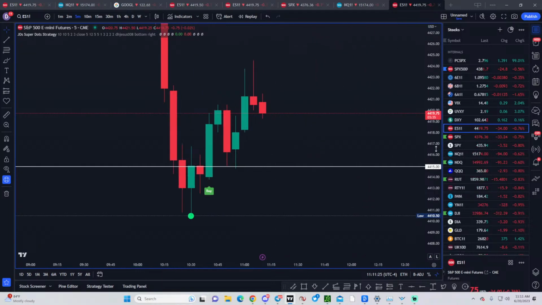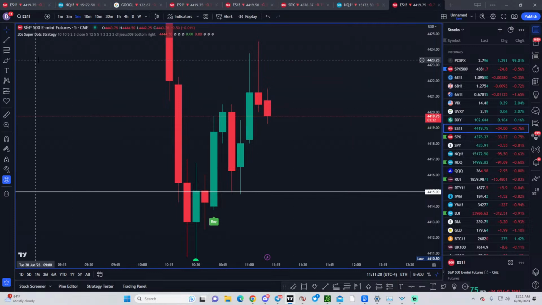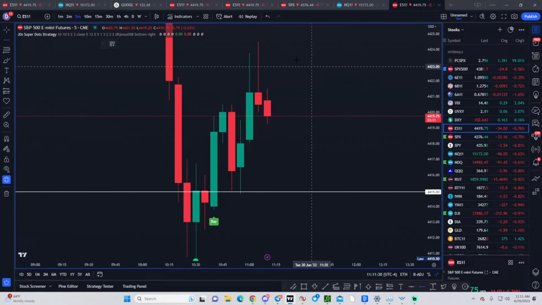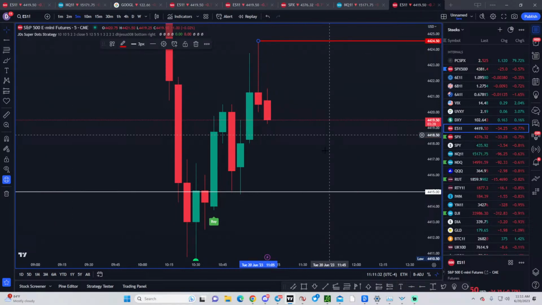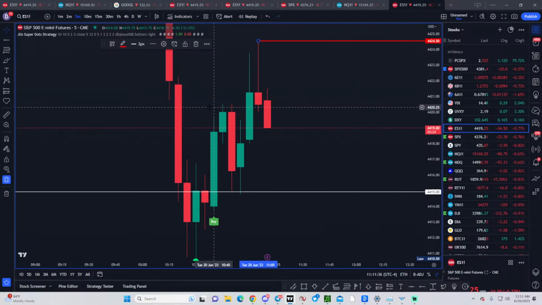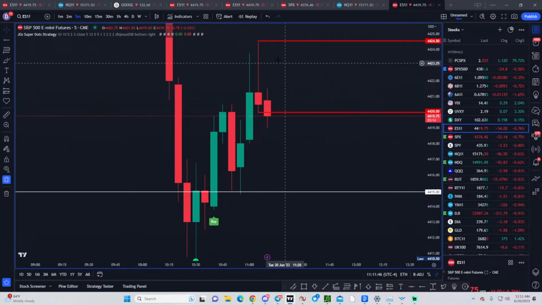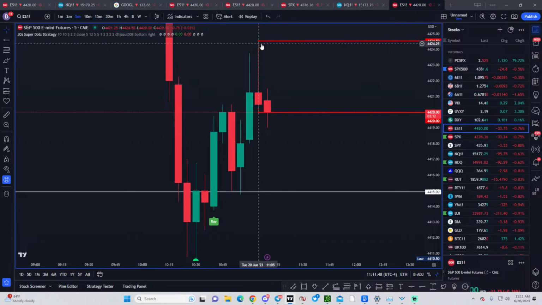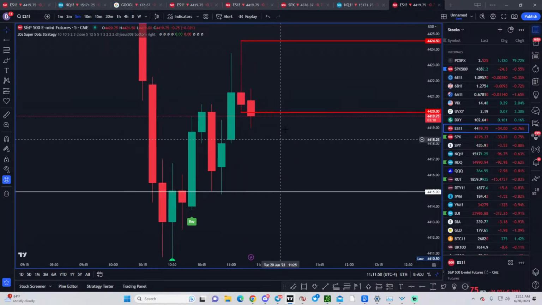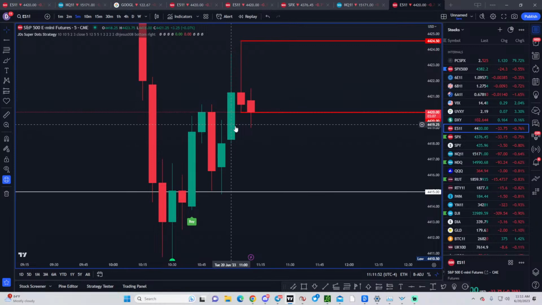So candles have four elements. That's what the majority of people will teach you. You have a high, right? You have a low of the candle, high and low. So if you're looking at this candle, it has a high, has a low. This little thin line here is called the wick.